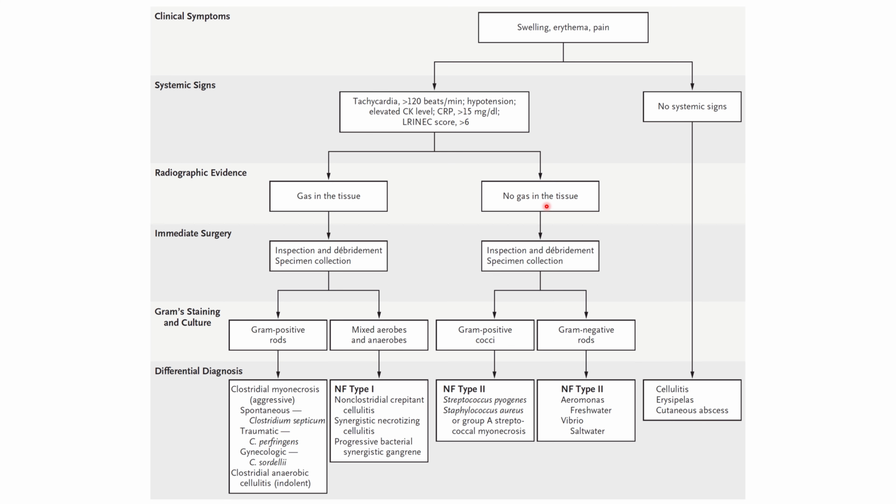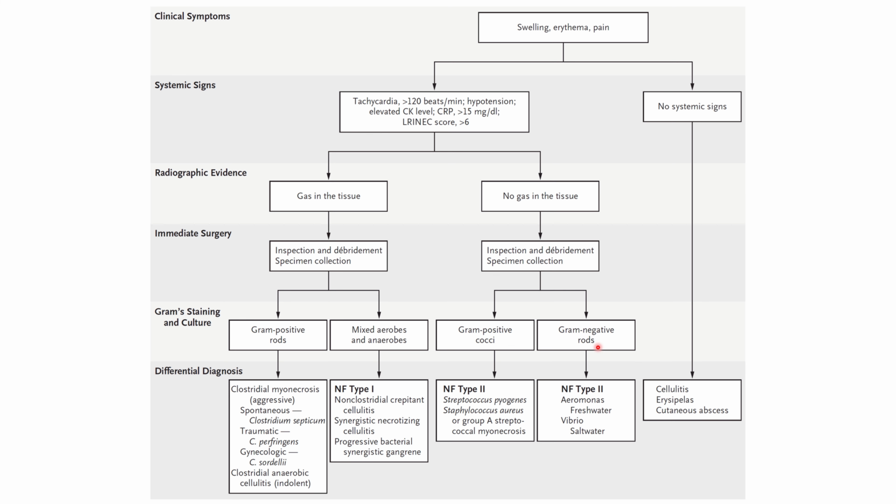Whereas if there is no gas, that's more likely to be Streptococci and other organisms. So if there is no gas seen on imaging, of course, we do need surgical evaluation, incision, debridement, and of course, a specimen is always collected for culture and susceptibility.